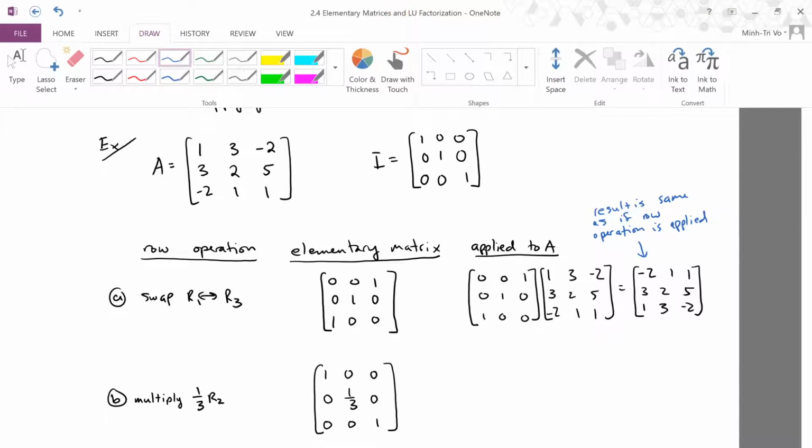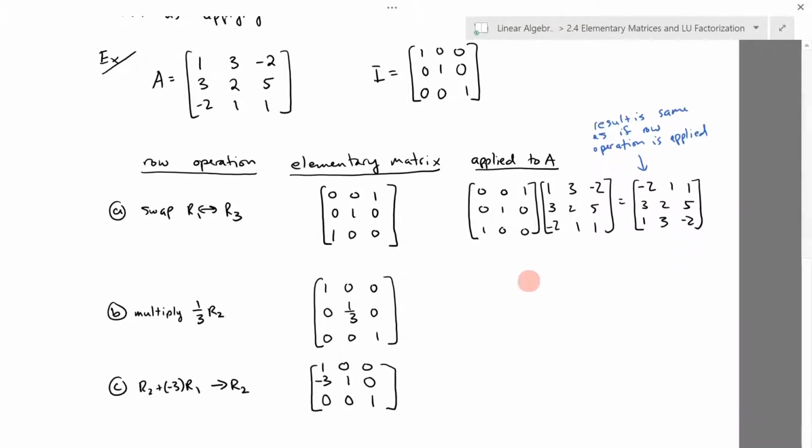And so we can look at the other two examples and the same thing occurs. If I take the elementary matrix and I multiply it on the left by A, this row times this matrix will pick up the first row.